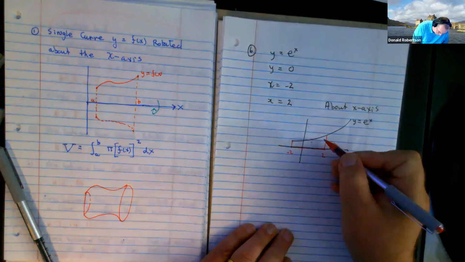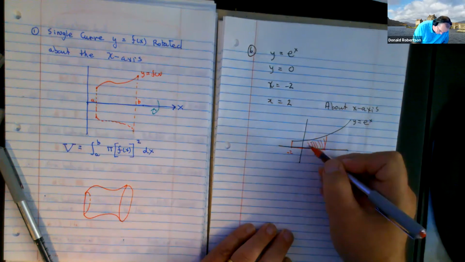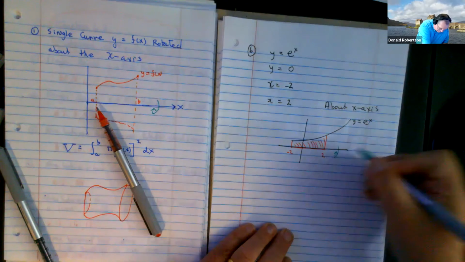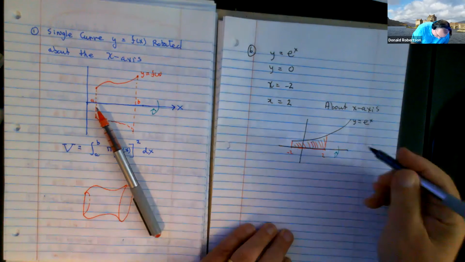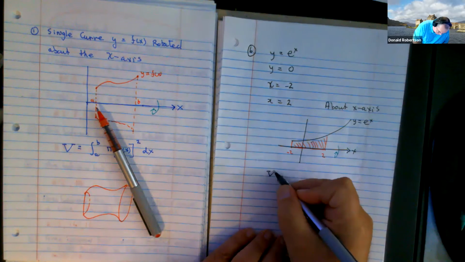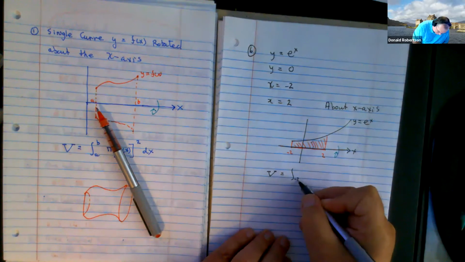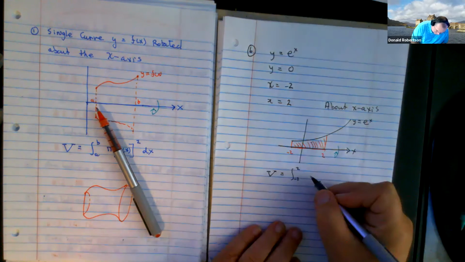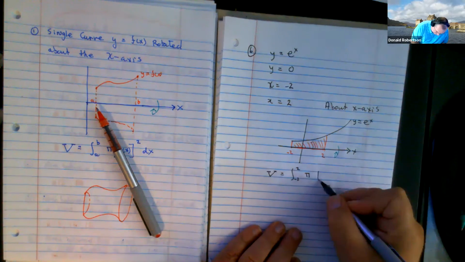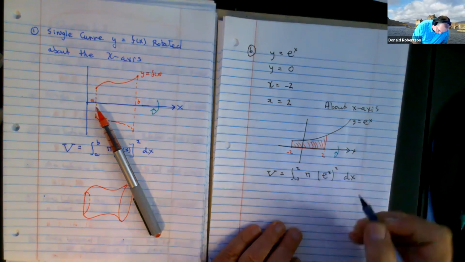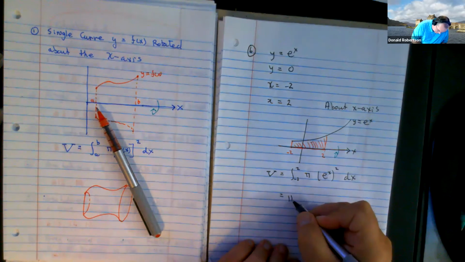You see it's a single region, a single curve, that curve, being rotated about the x-axis. So it's going to be the integral from -2 to 2. Okay, I can handle that. Pi, the function, squared dx. Pull out the pi.